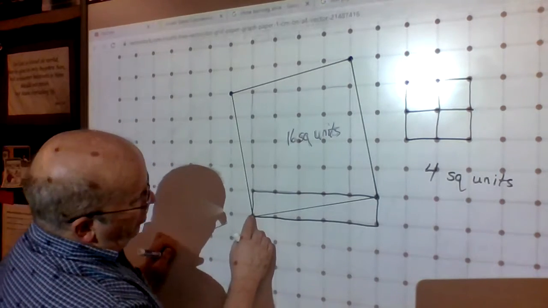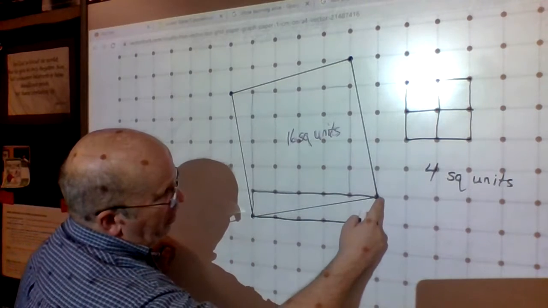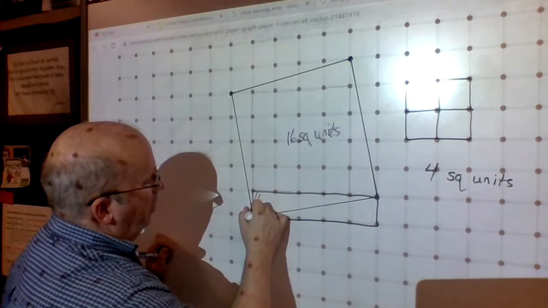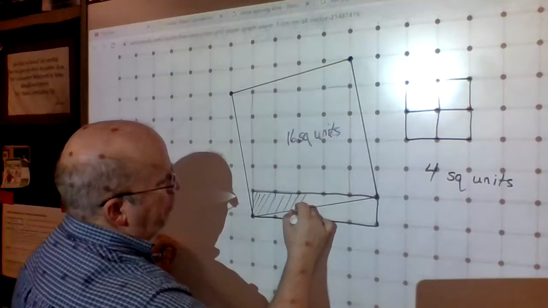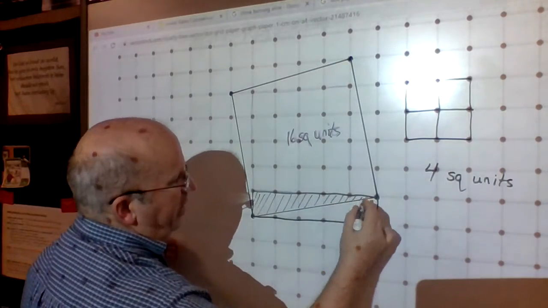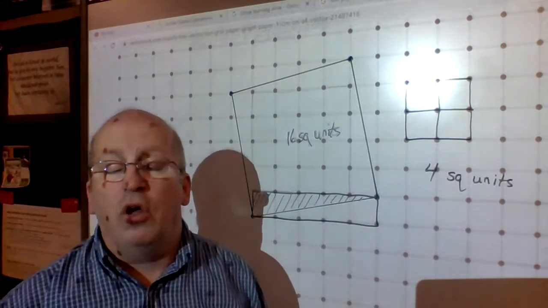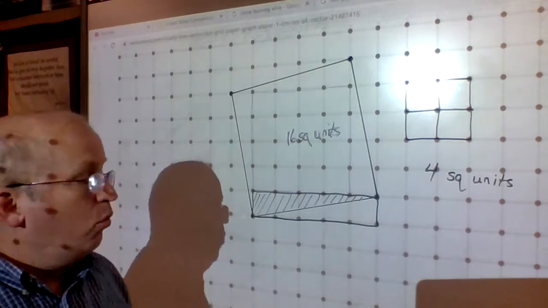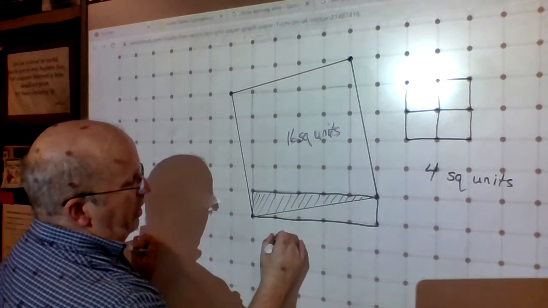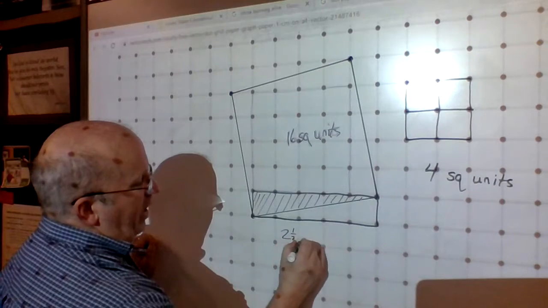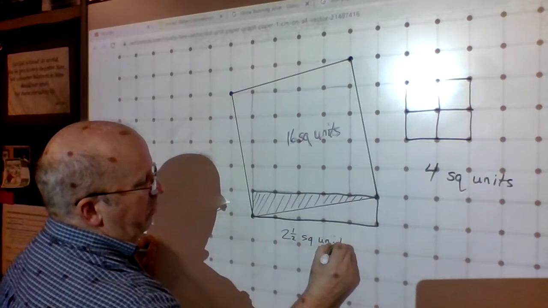You'll also notice that there's a diagonal going through that rectangle. If I shade this portion of it, I have shaded half of that rectangle, or half of the 5 square units. In other words, this shaded part is 2.5 square units.